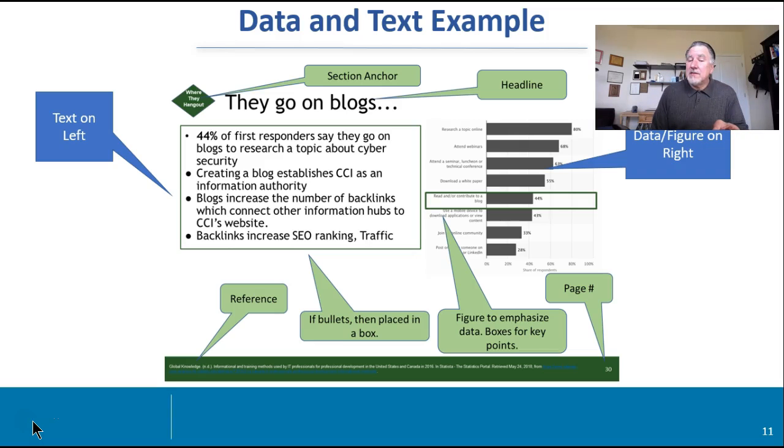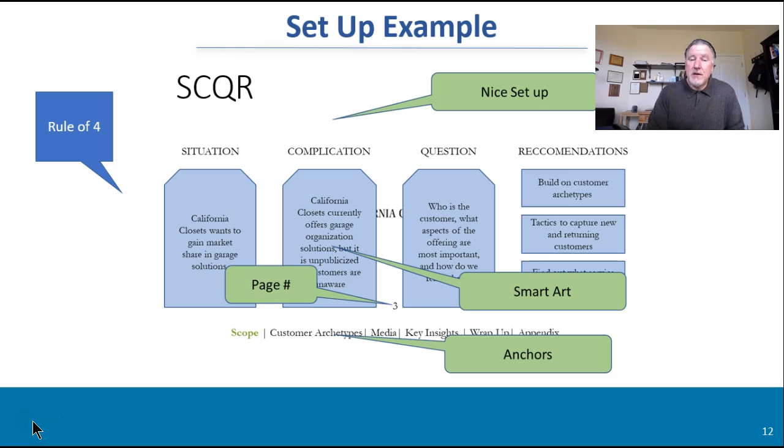They have the references on the lower left-hand side, and they have bullets here, but they put them in a box. So this way you have basically 2 or 3 elements to work with visually, and you have a lot of data, so a box can be used to emphasize specific data. And likewise here, as you see in this slide, is a page number.